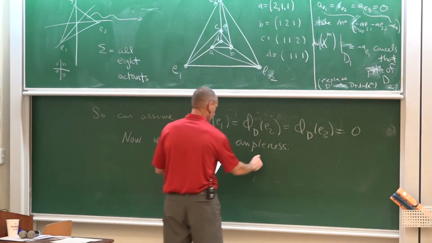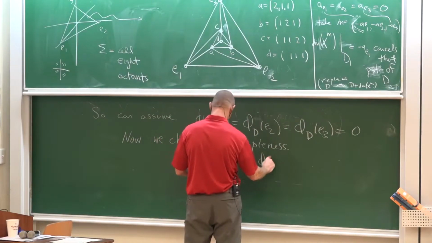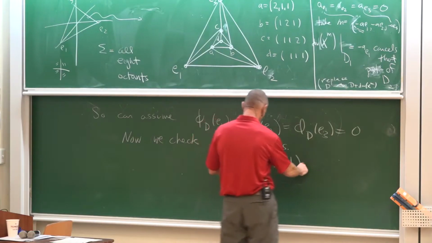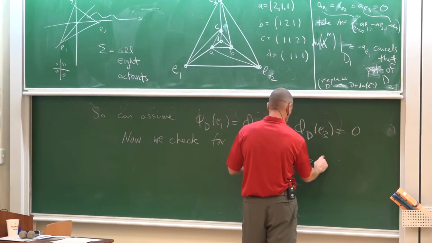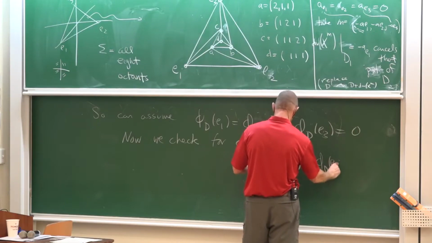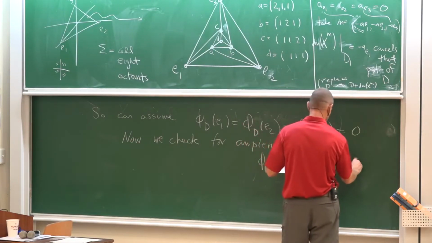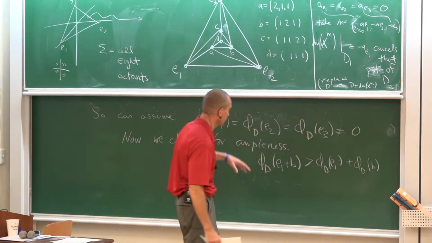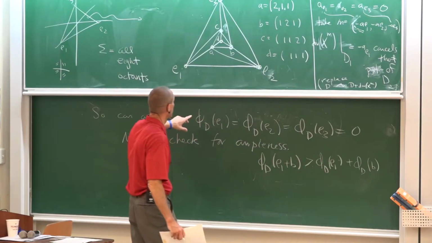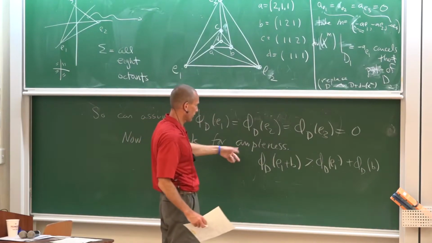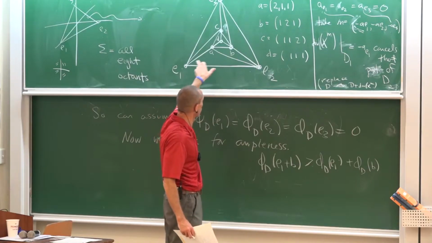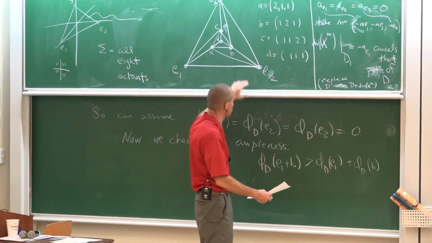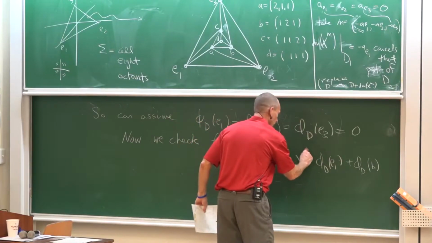I claim that phi sub D of E1 plus B is greater than phi sub D of E1 plus phi sub D of B. Why? This is a wall condition, right? So E1 plus B is a wall, and when I cross this wall, I get this inequality. This is a wall inequality.